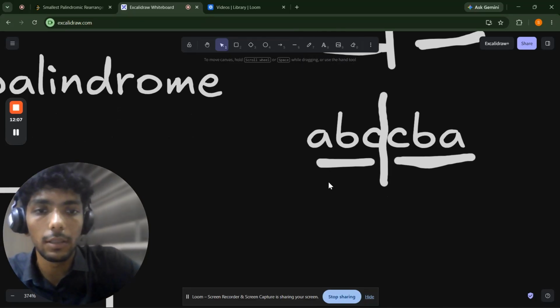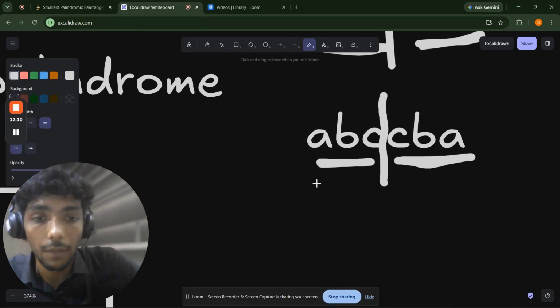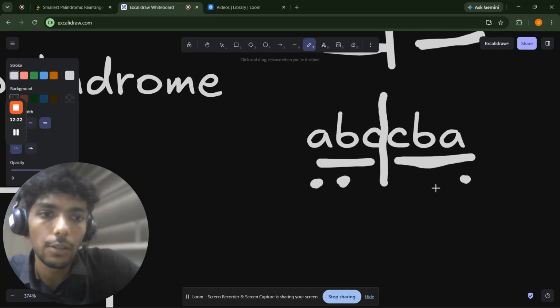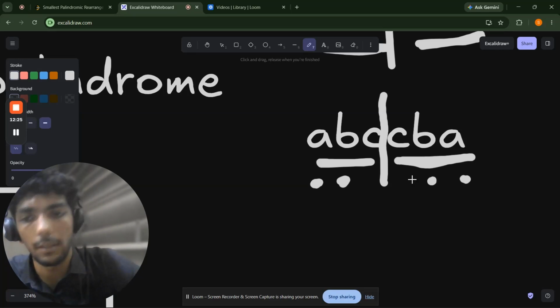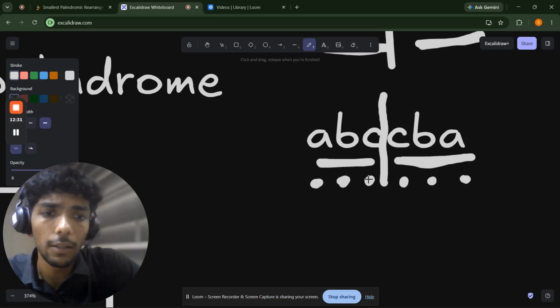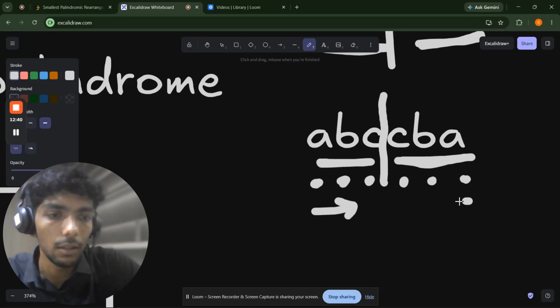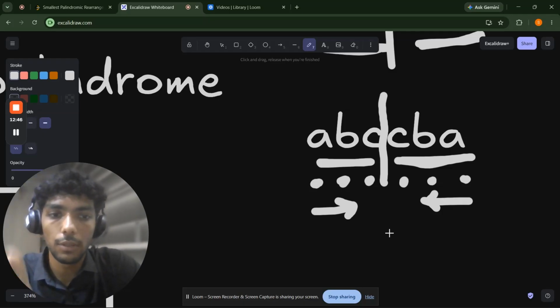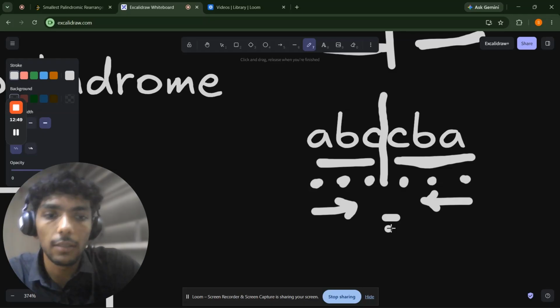If we start from the leftmost, that element should be in the rightmost. When we move one to the right, here we move one to the left, and the elements should be the same. We move rightwards, and here we move leftwards, and we check whether that particular element is equal.